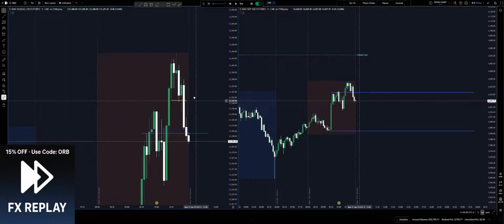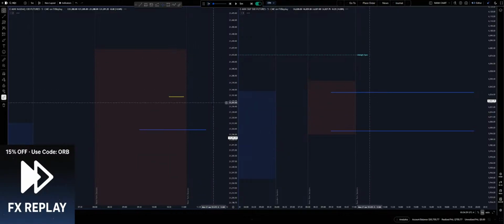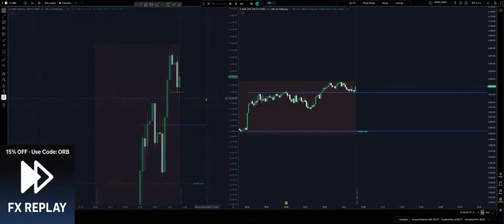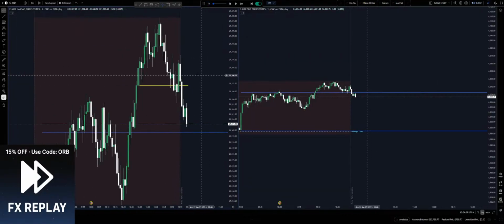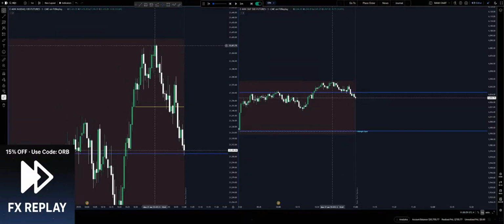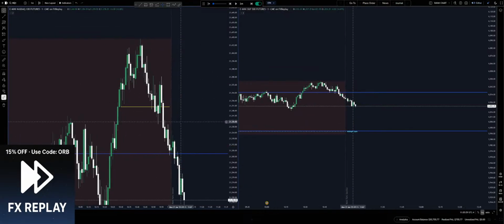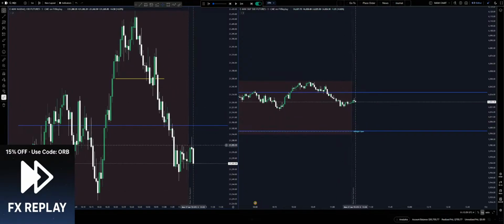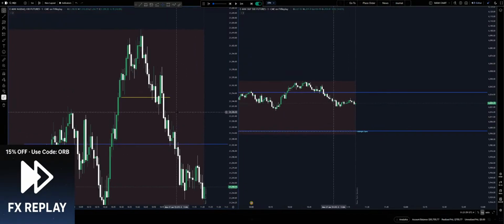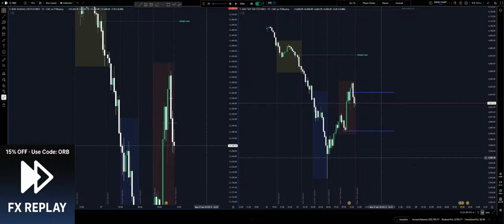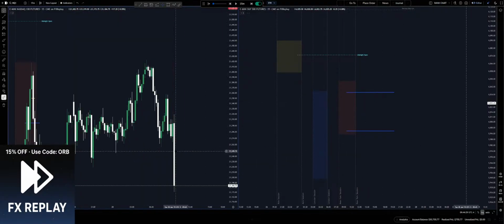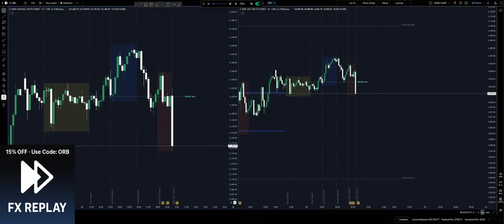It was swept already. So we wait for the price to do a resweep for us to go short, which it didn't. And the trading window for us is already over, so we don't take anything here. We go to Tuesday.